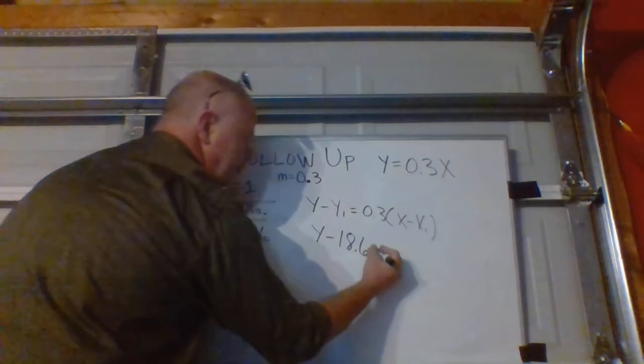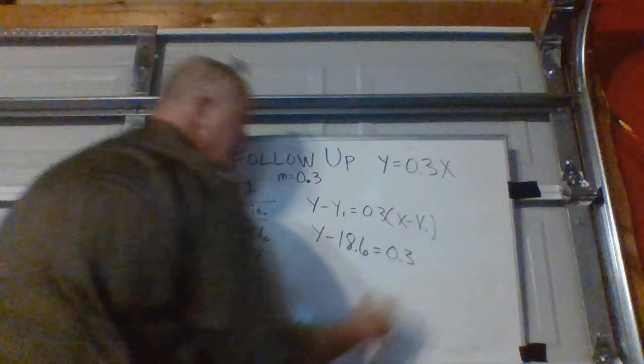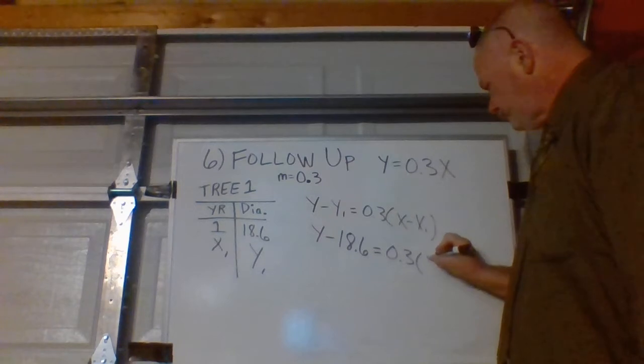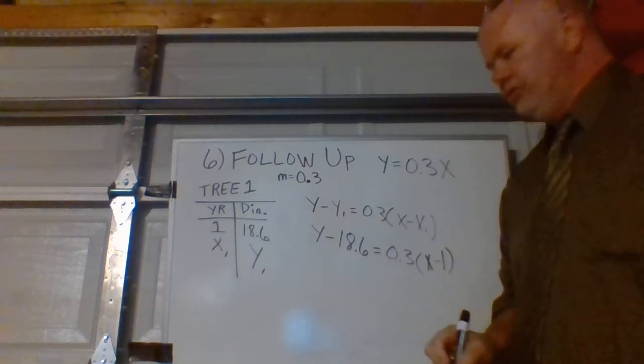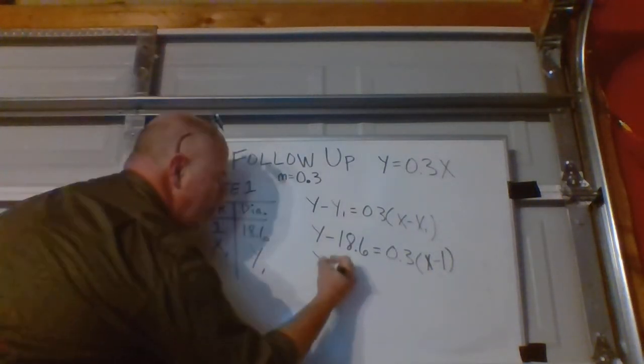We're going to drop that equal straight down. We've got 0.3 times x minus x1, x minus 1.